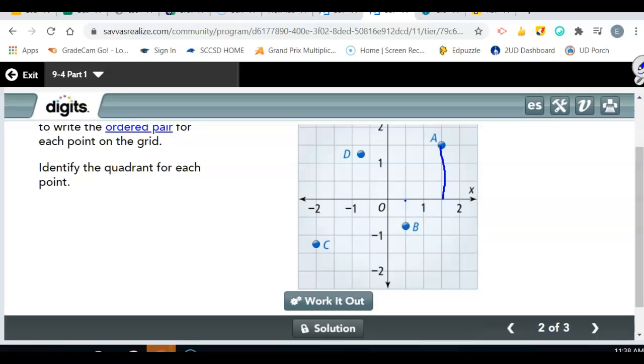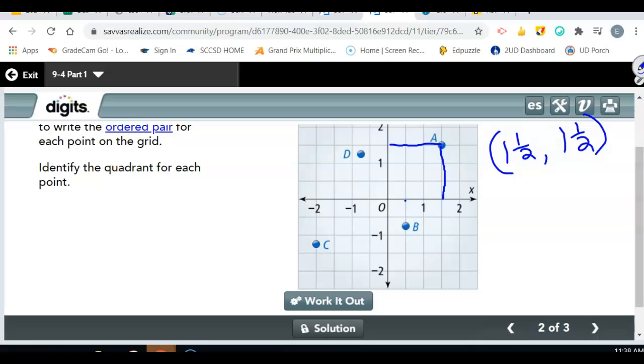So a half, 1, 1 and 1/2. Then where is A located on the y-axis? Alistair. Where is that, 1 and 1/2? So the ordered pair for A is 1 and 1/2, comma, 1 and 1/2. Good?